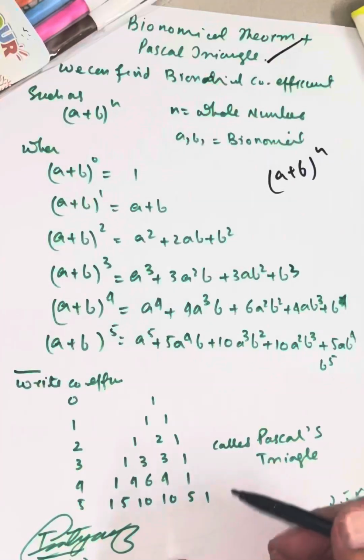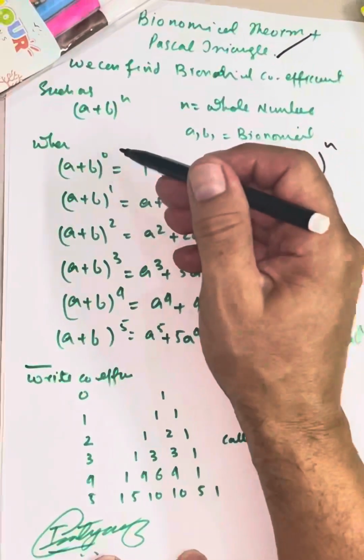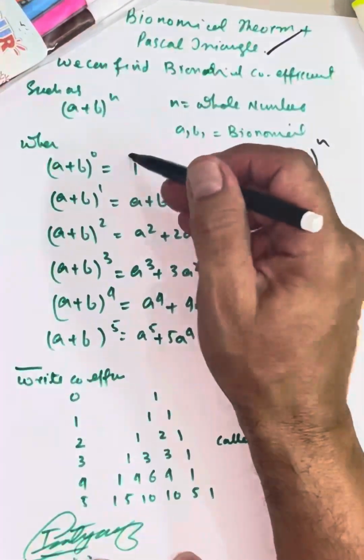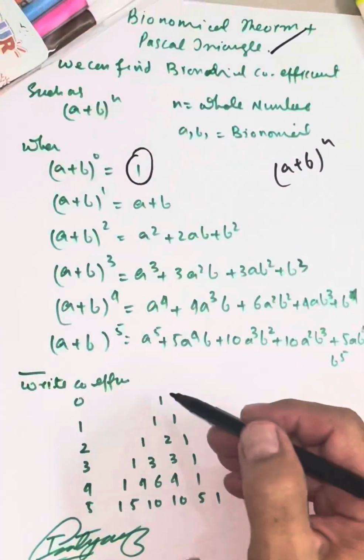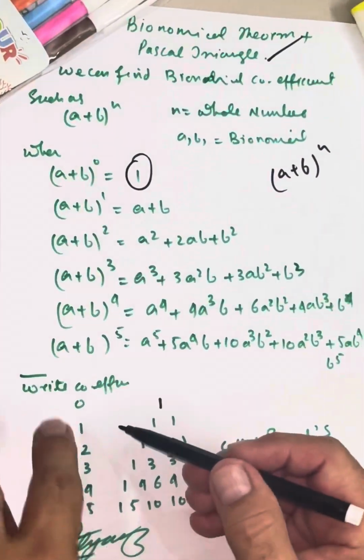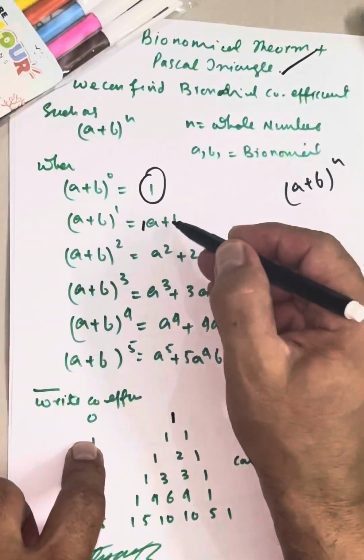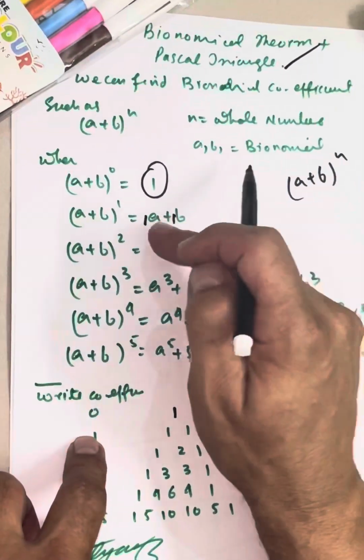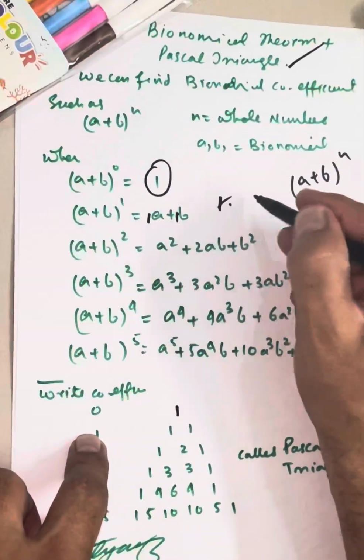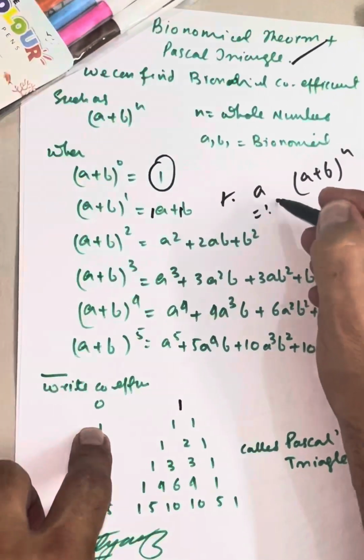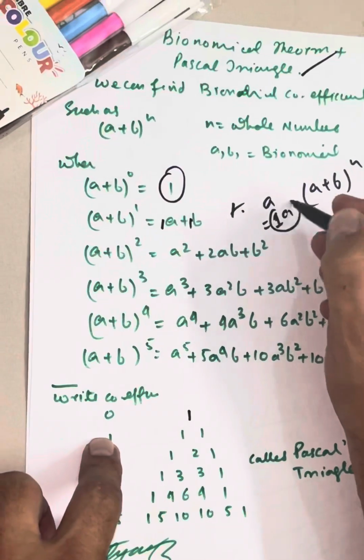So here is the beautiful thing. This is a plus b to the 0, the coefficient is 1. For the power 1 we have two coefficients, of a and of b. We know that if there is a in maths, we can say that the coefficient is 1.